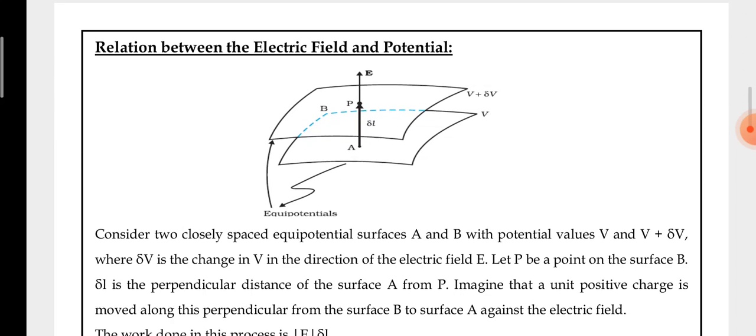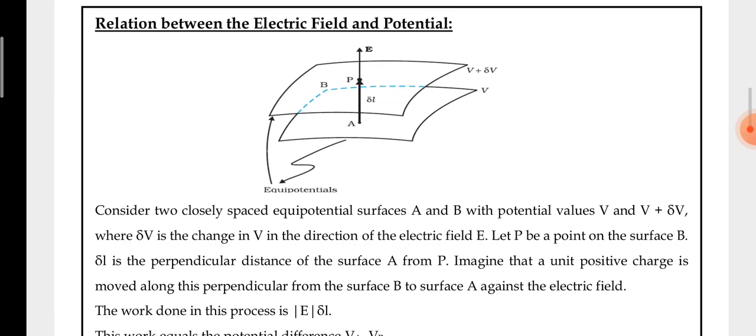Thereafter, a very important question: derive the relation between electric field and electric potential. You are observing there are two equipotential surfaces. At the bottom, A is there; at the top, B is there.